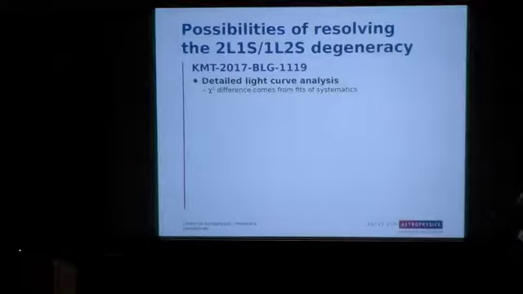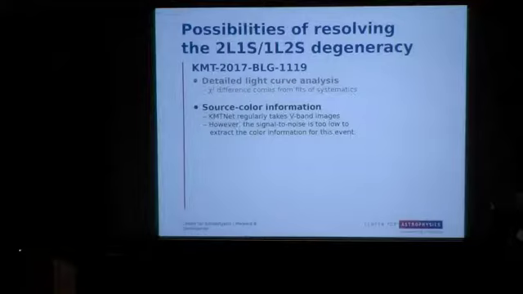Actually, Gaudi already mentioned several methods to resolve this degeneracy. I mean, the degeneracy between the binary source and binary lens. The first method is a detailed analysis of the light curve. But as shown in the previous slide, I cannot use the chi-square difference to resolve this degeneracy. So I cannot apply this method.